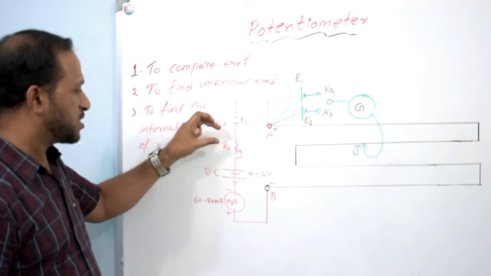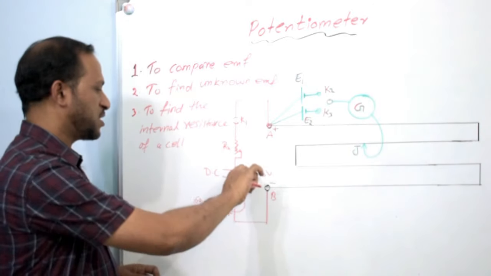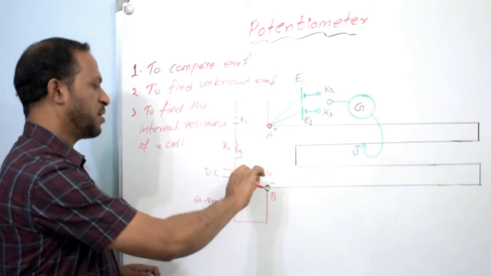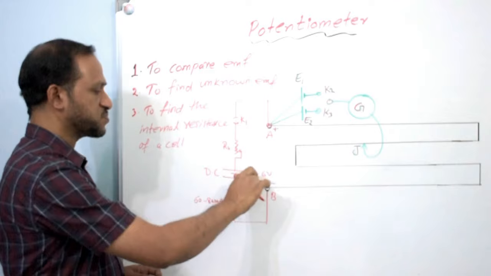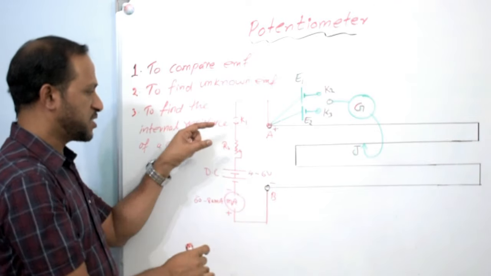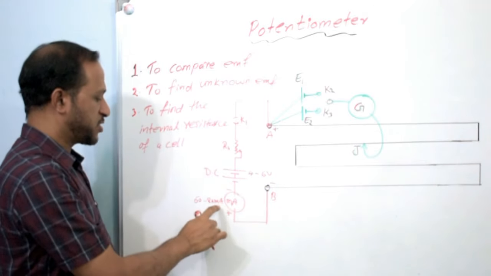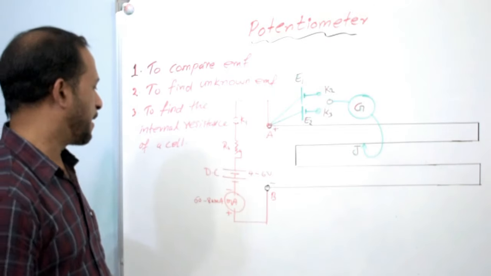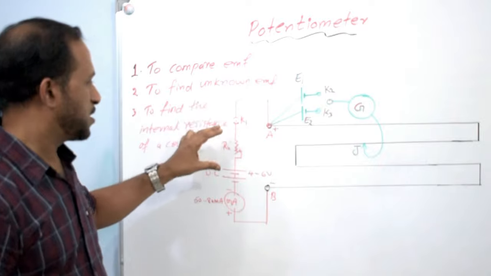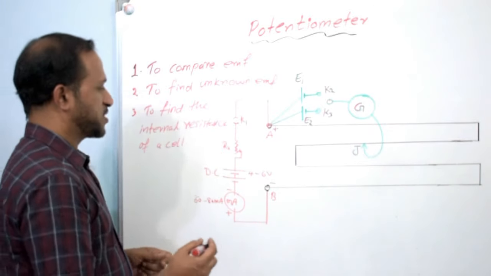For that you can adjust the rheostat, or you can adjust the DC voltage supply between 4 to 6 volt. Finally you can get 60 to 80 milliampere in the ammeter. That is the first part of the setup of the circuit.